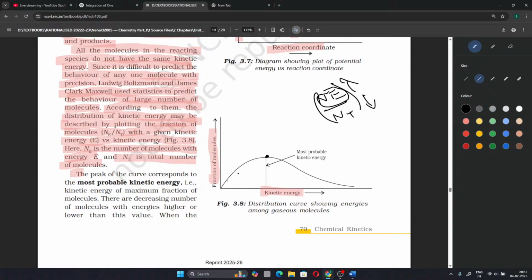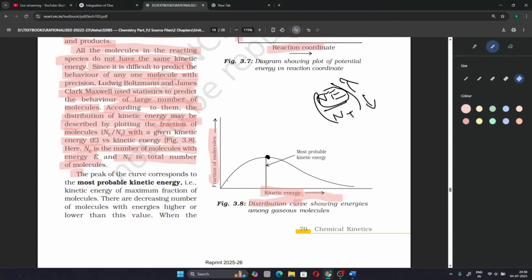So when this fraction reaches the highest value, according to them, this is the most probable kinetic energy, because most of the molecules have this energy.